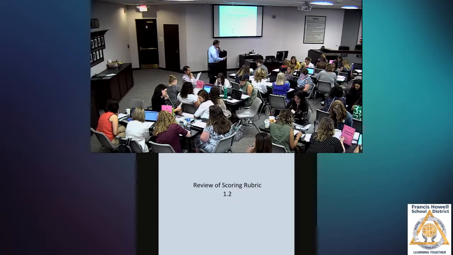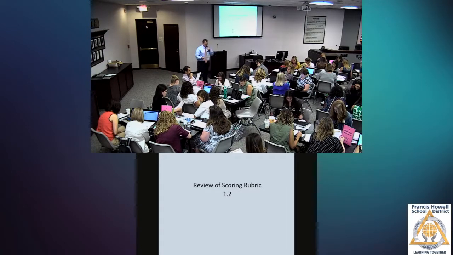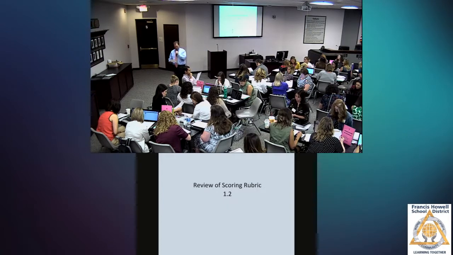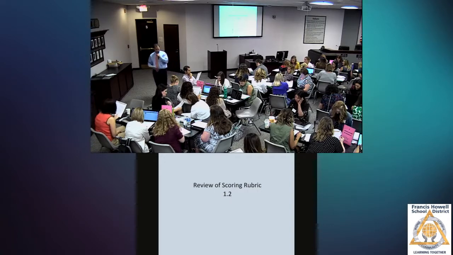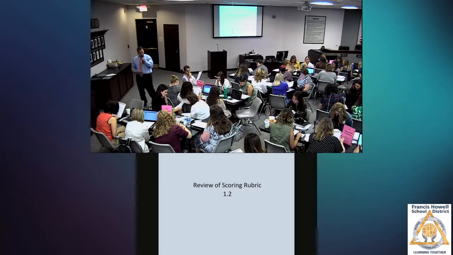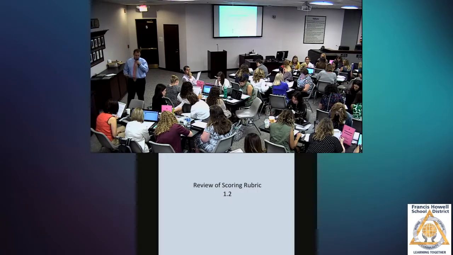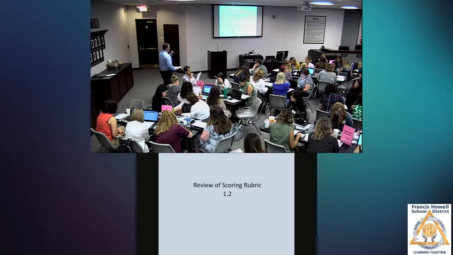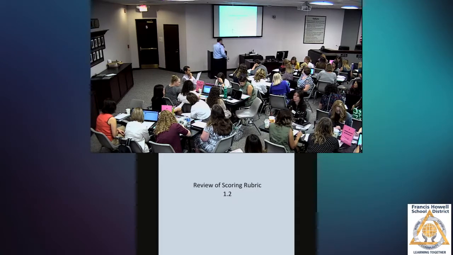And then when we get to 5, it's more than half the time or more than half the students. And then within there, you'll see some off to the right, you will see some pointed things to look for. And those pointed things are the things that your administrators will look for when they're in your classroom. Okay? So let's practice with 1.2.